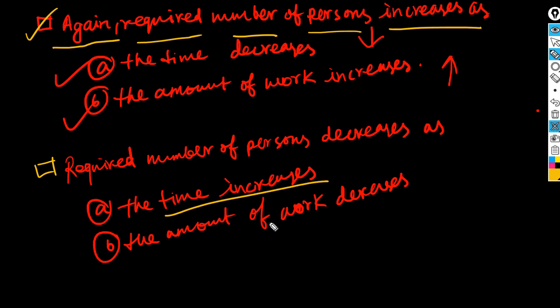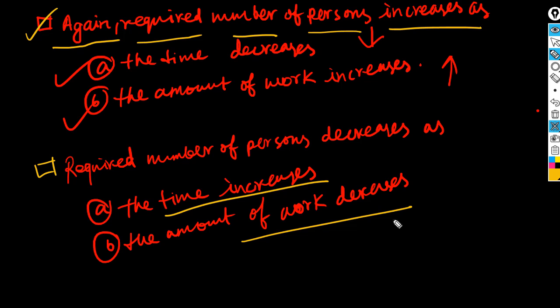When we solve these problems about time and work, these points which I have told now are very important and helpful for us.